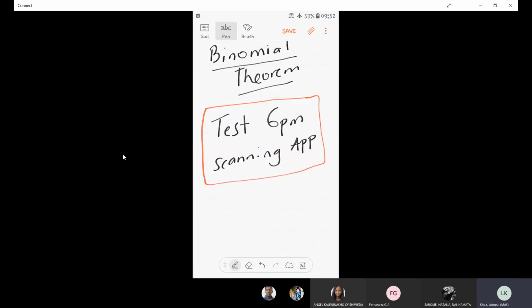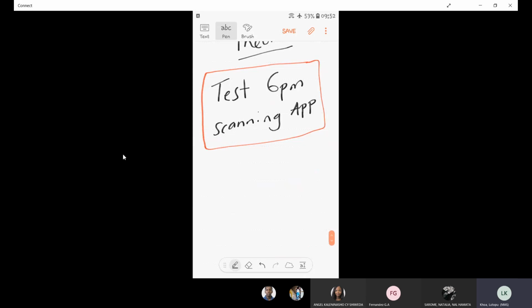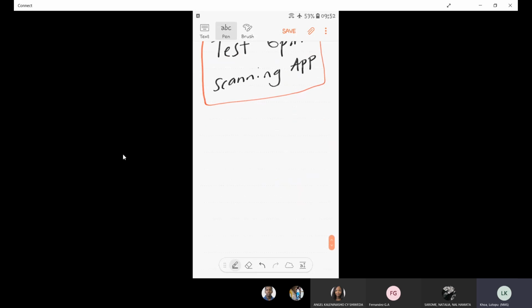Let us continue. With the binomial theorem, what we are doing is basically expanding binomials. Binomials look like this: you have a plus b, and then we raise it to an exponent, and then we want to expand it. With small numbers, when n is very small, it's not difficult to do.